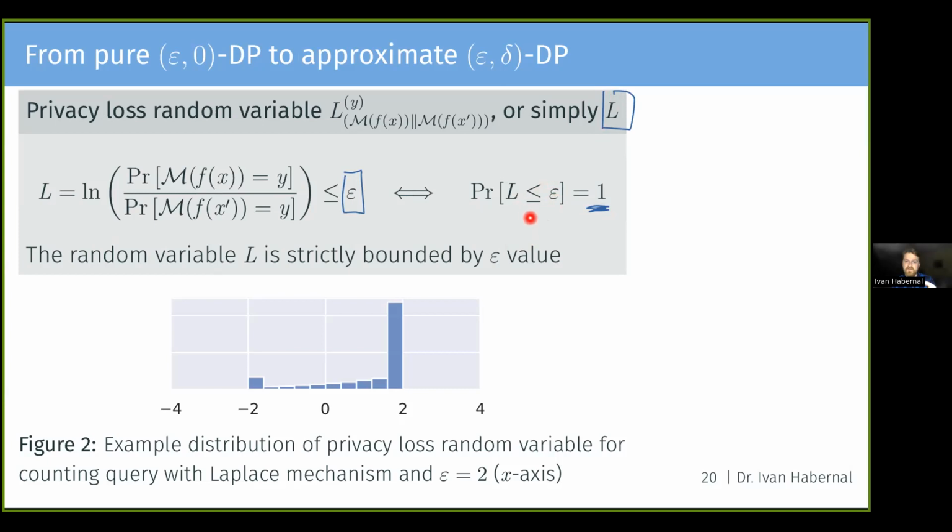Later on, we'll extend this notion by some relaxation, but now in pure differential privacy, we're saying the privacy loss random variable is always bounded by epsilon. And what does it mean? Here's an example distribution of the privacy loss random variable for a counting query, and I used here a Laplace mechanism of epsilon 2. So this x-axis is the epsilons.